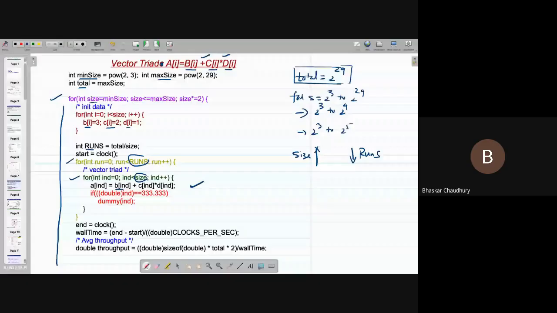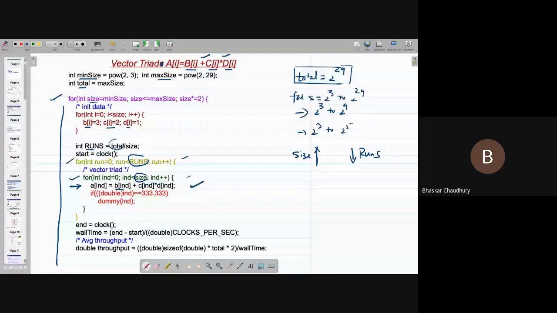If I look into this code carefully, this particular instruction, a is equal to b plus c into d, is executed total times. The only difference is that in some cases this loop will execute more compared to this, and gradually this will keep on increasing.